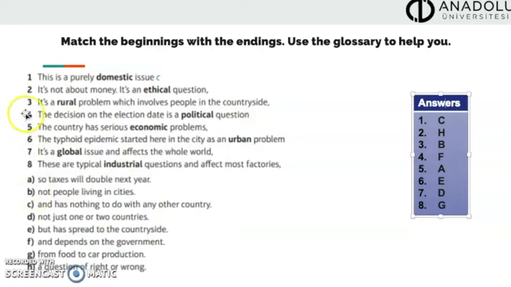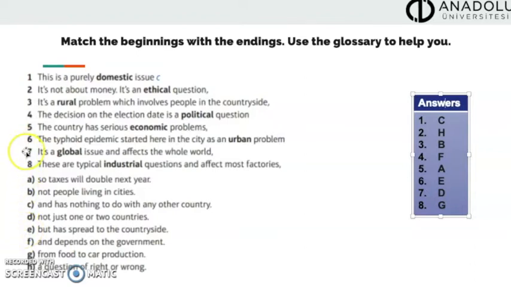Number 4. The decision on the election date is a political question. F, and depends on the government. Number 5. The country has serious economic problems, so taxes will double next year. Number 6. The typhoid epidemic started here in the city as an urban problem. It was an urban problem. It was a city problem at first, but has spread to the countryside.